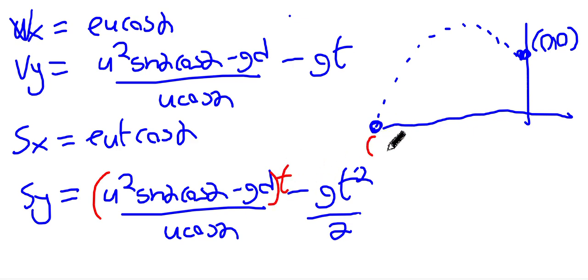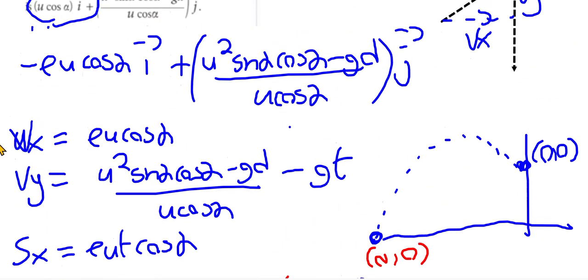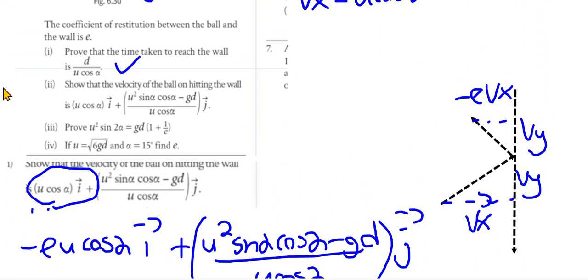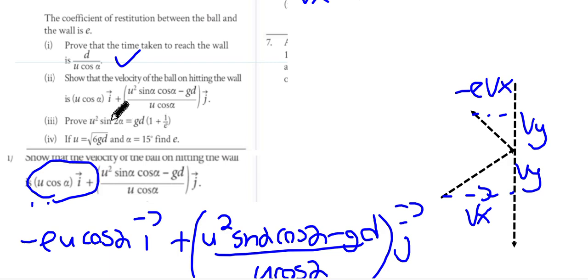Is that okay? Now, this might look beyond your ability at the moment, but we're just going to chill out and see exactly what it wants from us first. Okay? And we go, well, they love us to prove that u squared sine 2 alpha equals g d, 1 plus 1 over e. Okay.